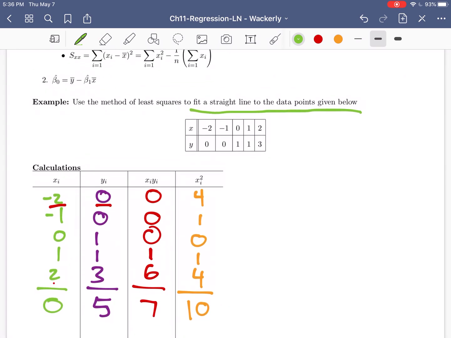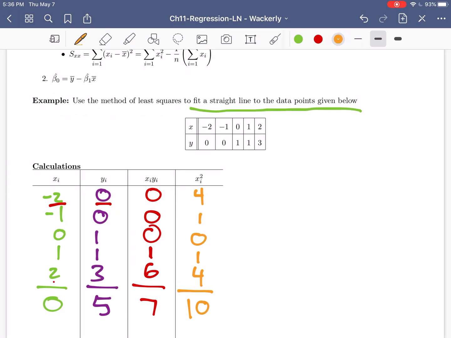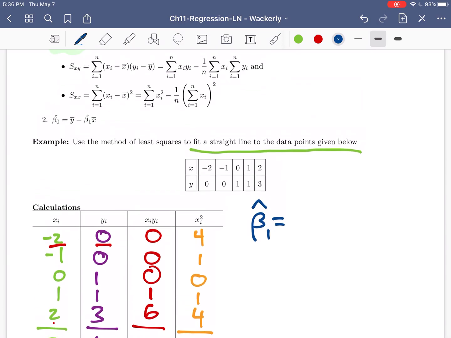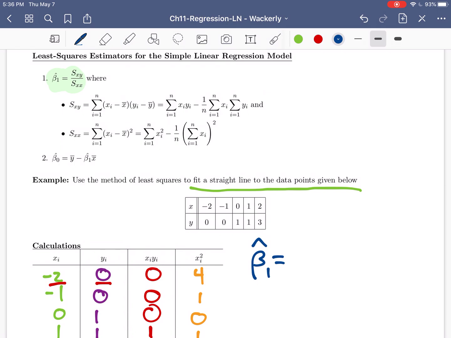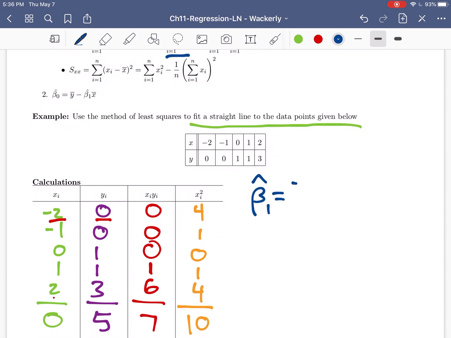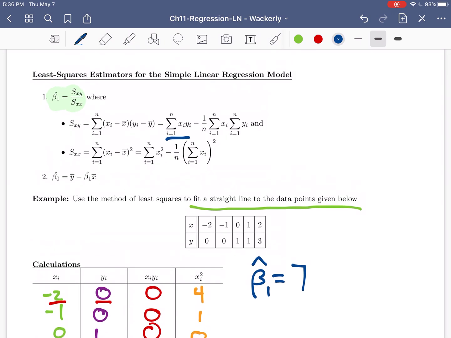All right, so if we want to find beta 1 hat, we're going to take the sum of all of the x sub i, y sub i's. That is the sum of the red column, so we'll have that 7, minus 1 over n. Here n is the number of pairs that we have: 1, 2, 3, 4, 5.